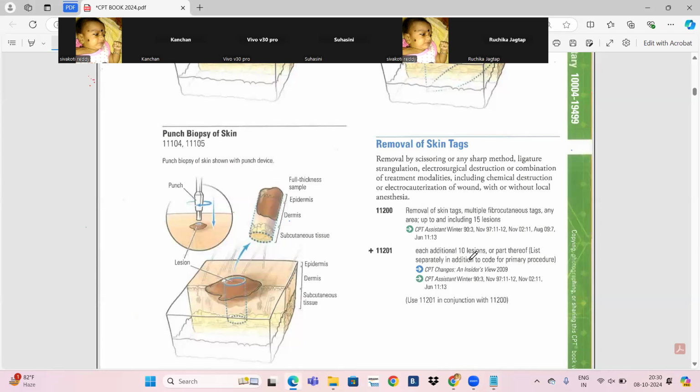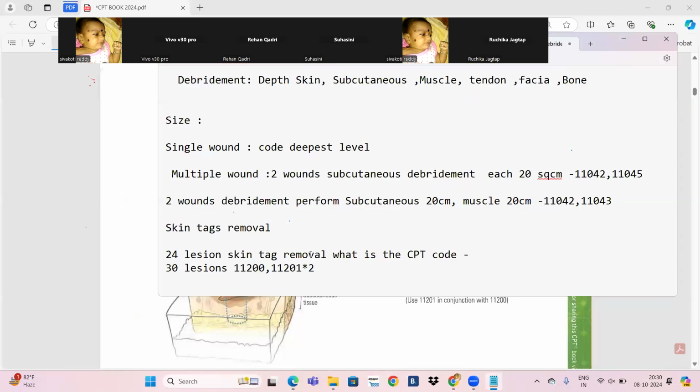For the remaining 5 lesions, you need to add one more add-on code, 11201 times 2, or you can add 11201 again. You can go like this or multiply.